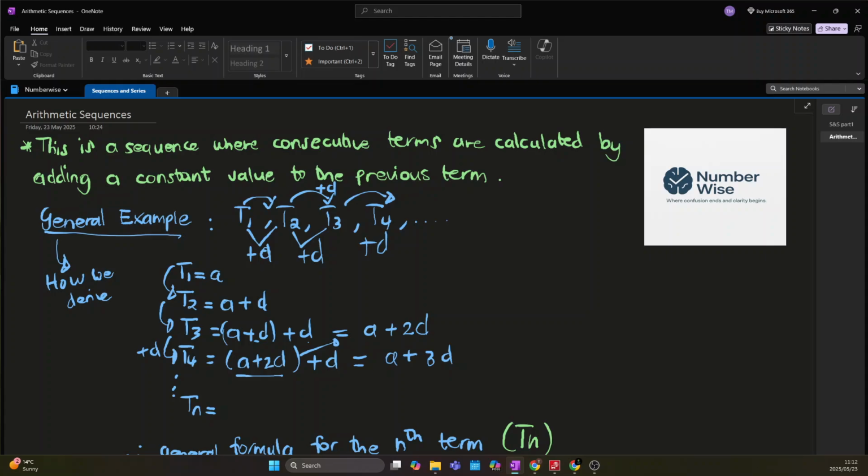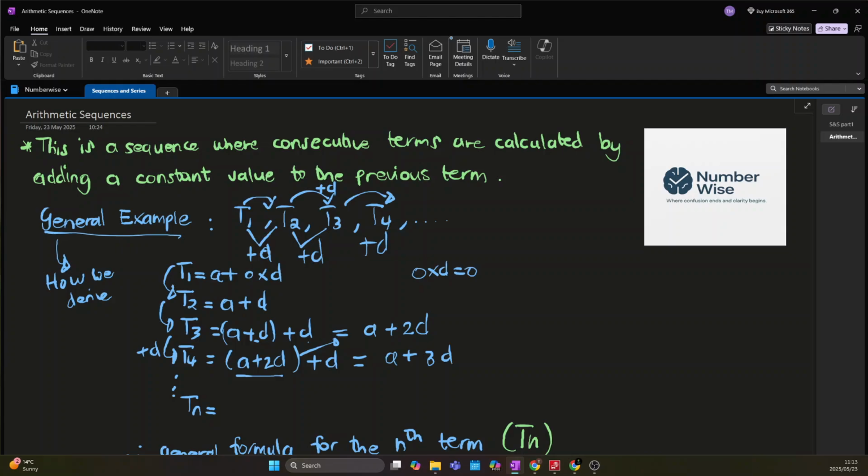If you notice the pattern here, this was T1 and we added 0 D's, because 0 times D is 0. Then this is T2, where we added A plus a single D. The actual pattern is that if the term number is n, we add n minus 1 D's.